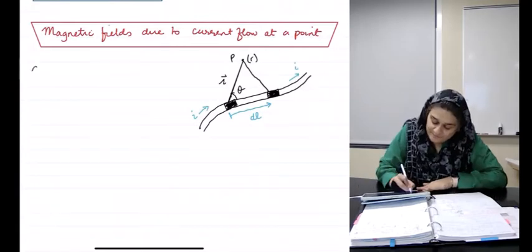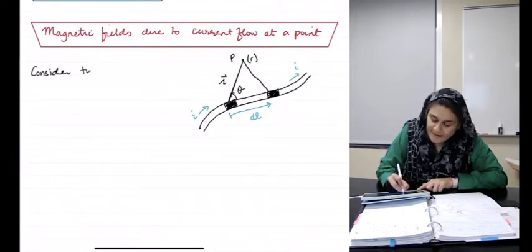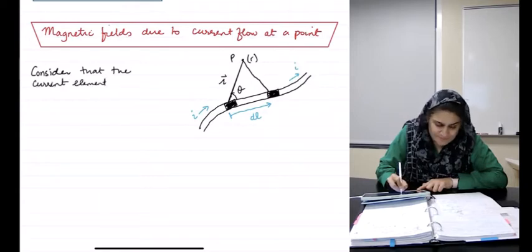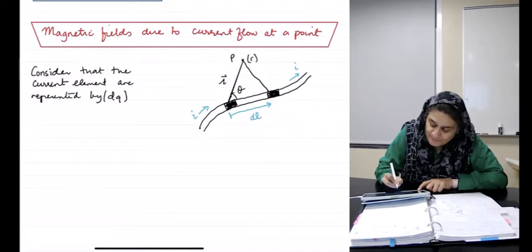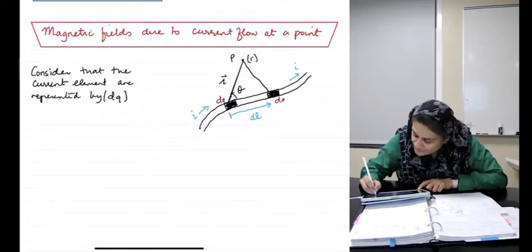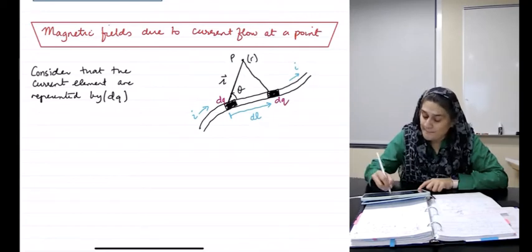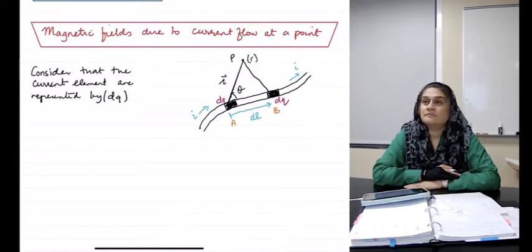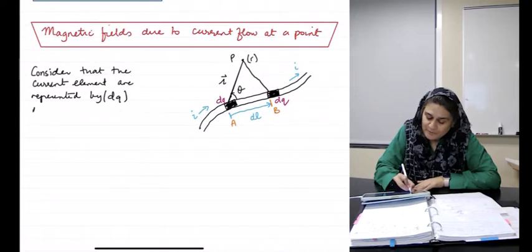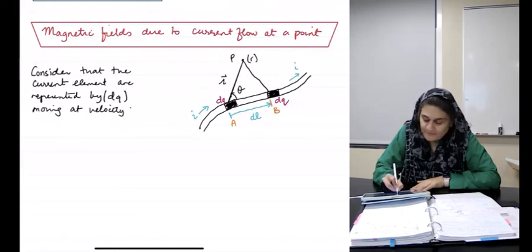So consider that the current element is represented by dq that moves from point A to point B. And it does it moving at velocity v.